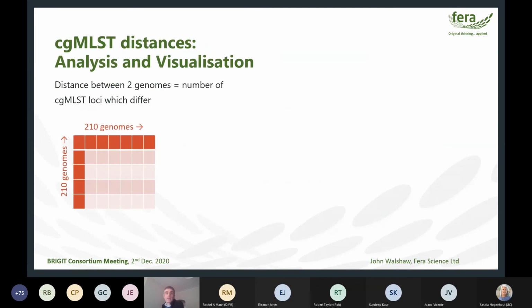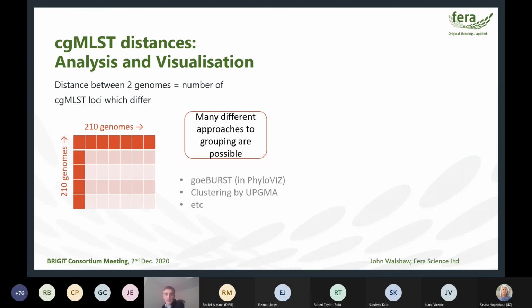So in terms of what you're actually doing with this data, it's the same concept as before. We've got distances, the number of core genes which differ. So we have a distance matrix between each pair of the genomes. And with any distance matrix, there are lots of mathematical approaches you can take to processing it.